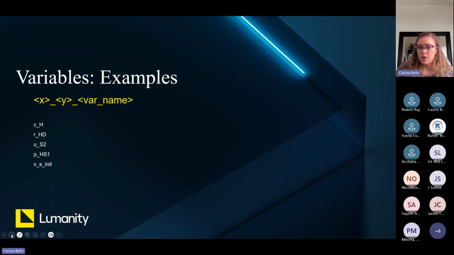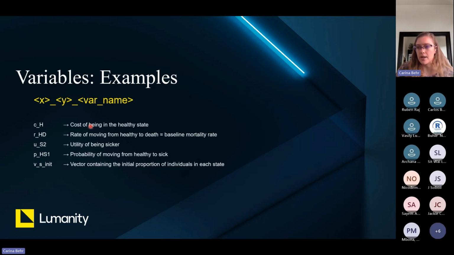To give you a few examples, we'll jump to the next slide. In this case, we have the healthy, sick, sicker, and death health states. We have the cost of being in a healthy state. We have the rate of moving from healthy to death, which is basically the baseline mortality rate.